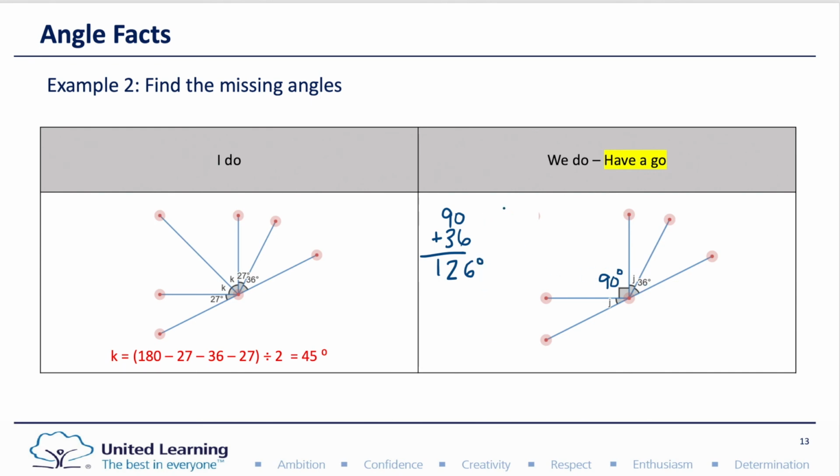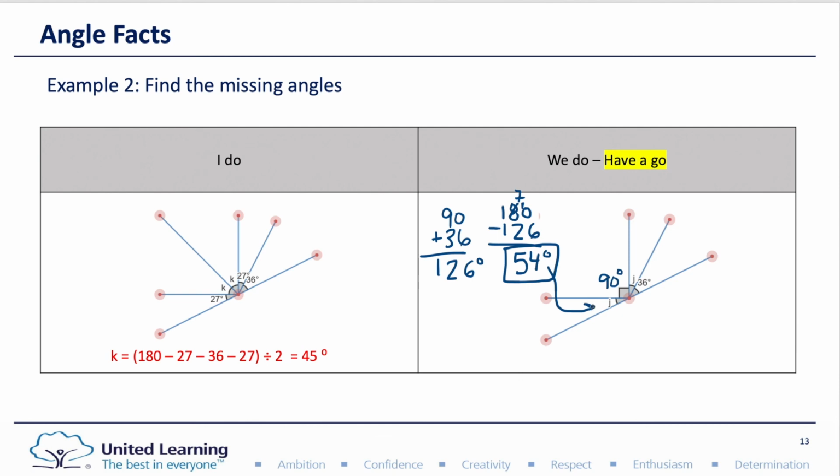So step 2, let's take it away from 180 to figure out what's left over. I need to carry from the 7, make that a 10. So 10 minus 6 is 4. 7 minus 2 is 5. So I have 54 degrees left over.